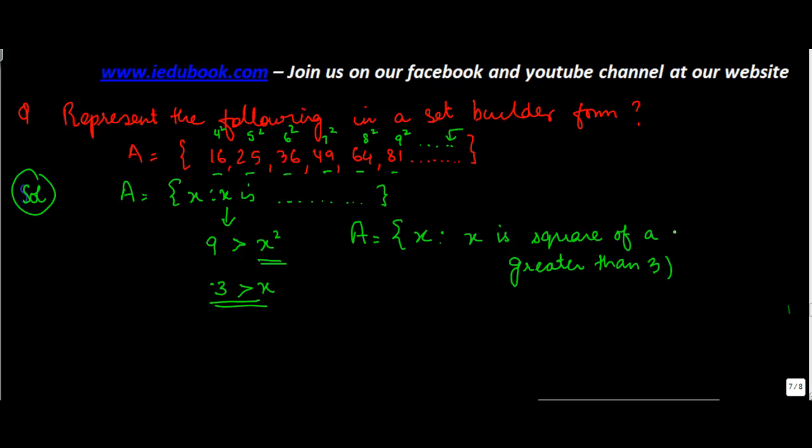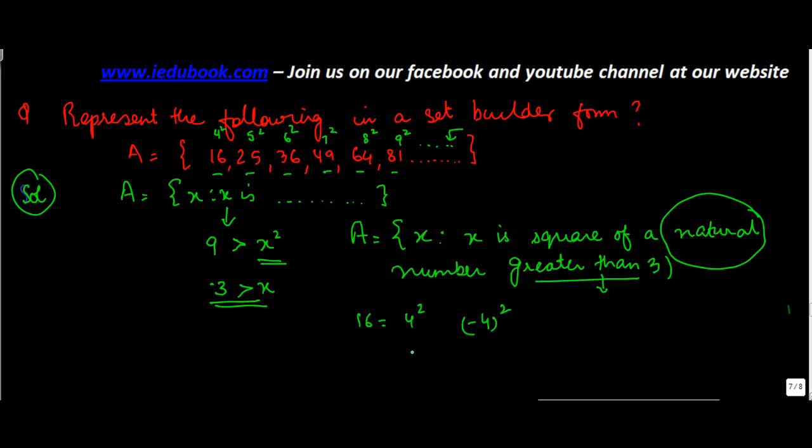So you can write x is a square of a natural number greater than 3. This is the difference which I wanted to bring out as I wrote positive integer earlier. You have to be very careful because while 16 is the square of 4, it is also -4 whole square.